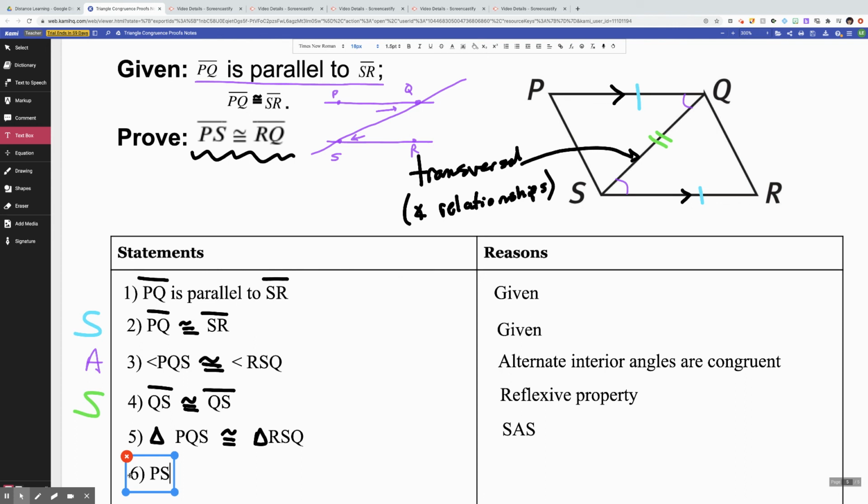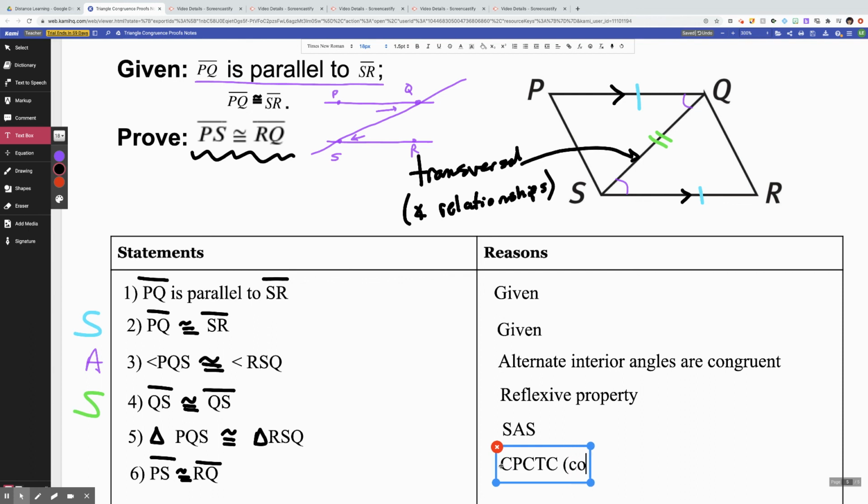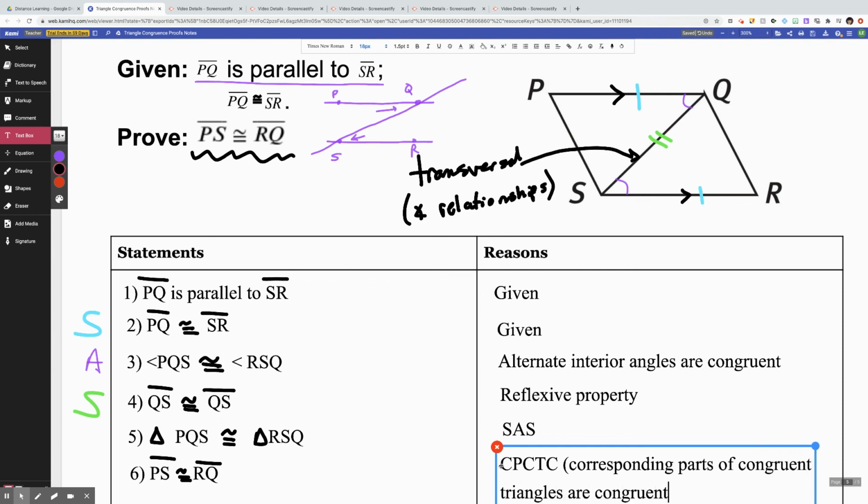So PS is congruent to RQ, and the reason is CPCTC, corresponding parts of congruent triangles are congruent. You don't have to write out the whole thing. I just typically do so that you all can see what I'm doing, but you could just write CPCTC.